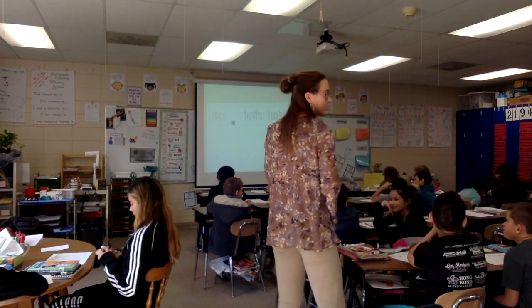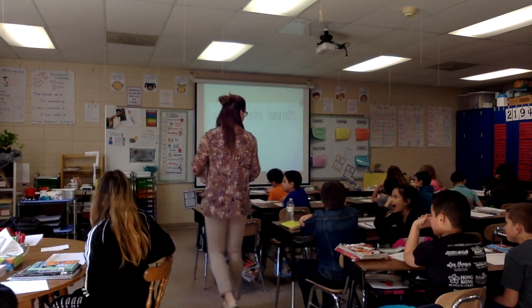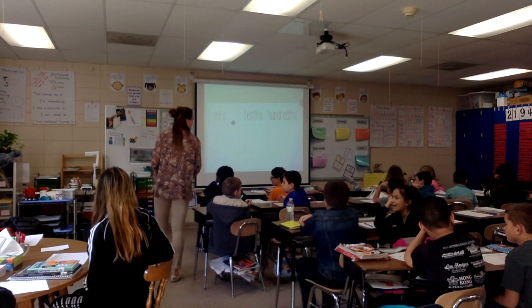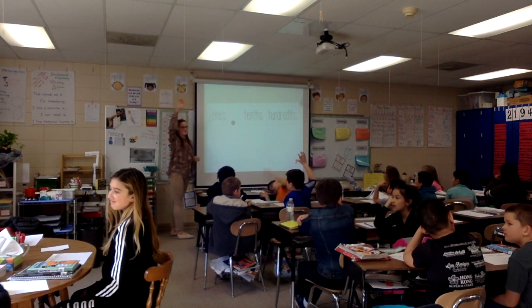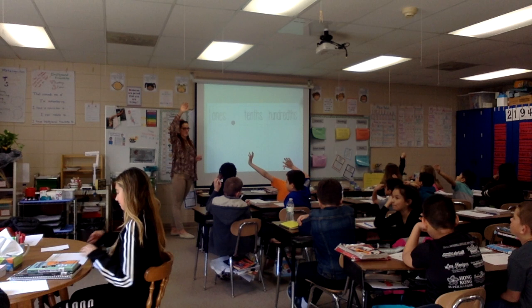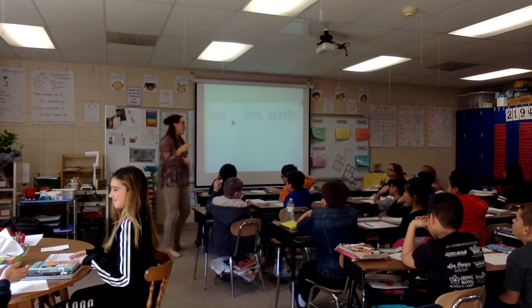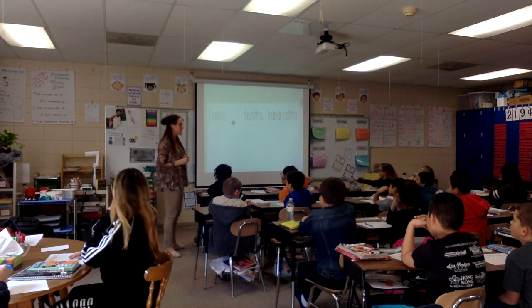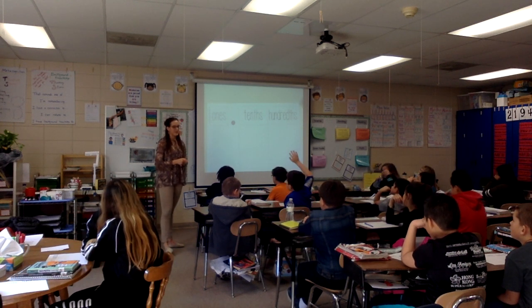Decimals are spaces to separate numbers. But it also shows. So can someone from this row share out what they think a decimal represents when we think about money and maybe about this place value chart? Yes.